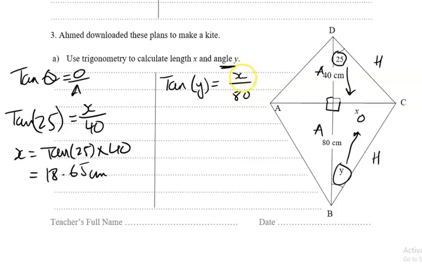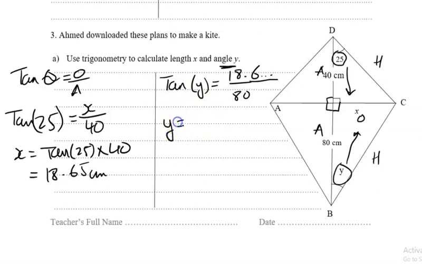Now do we have the value x? We do. We worked it out in the previous part. So instead of writing x here, we can replace it with what we just worked out. So you can write the actual value that you get on the calculator, so 18.6 and so on. So we take tan to the other side.